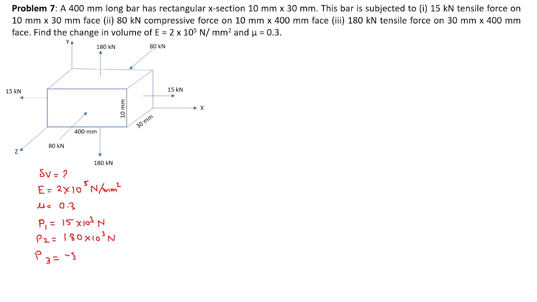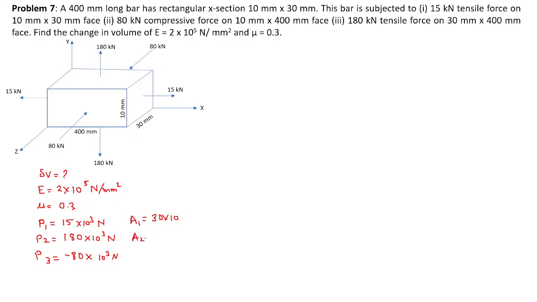So we can take it as minus 80 into 10 raised to 3 Newton. Then what will be the area for P1? P1 is applied on the 30 by 10 face. So area will be 30 by 10.